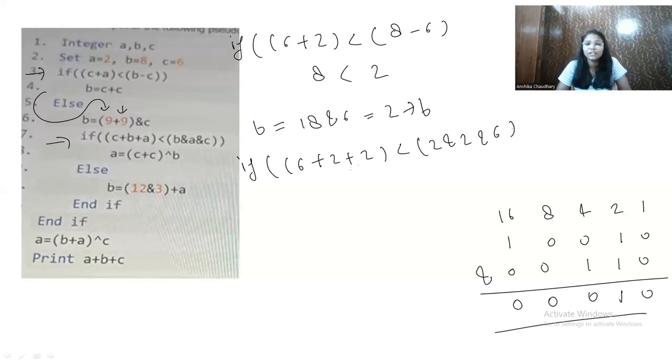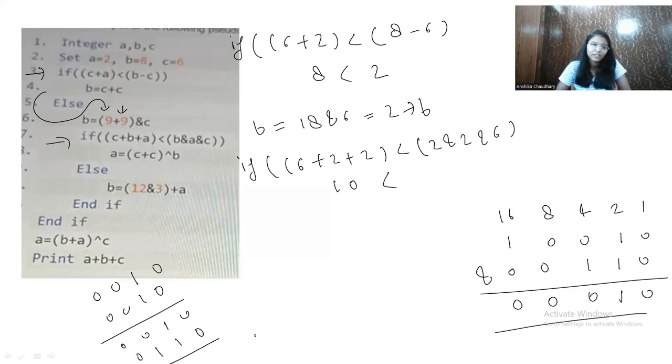Okay, so let's find out. 6 plus 2 is 8 plus 2 is 10, is less than the AND of these all. So it will become 2 only. 10 is less than 2. So the condition is false. We will directly jump to the else part.